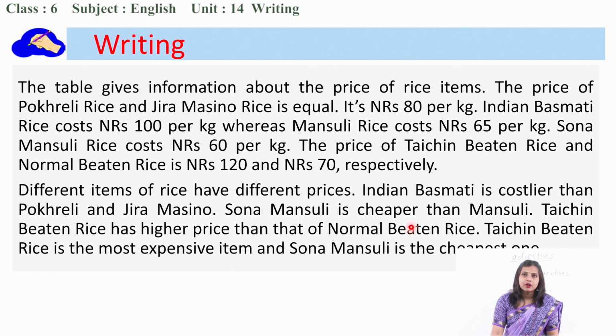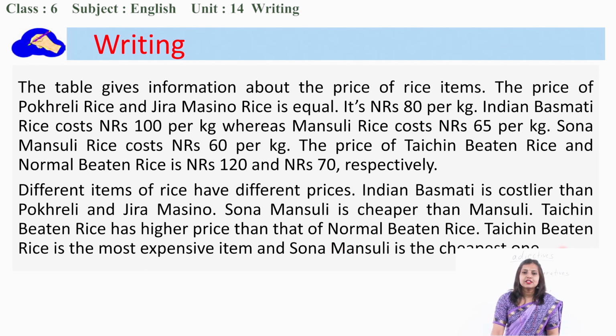Which one is cheaper? Yes, Sona Mansuli is cheaper than Mansuli rice. Taichin beaten rice has higher price than that of normal beaten rice. Now the comparison is done between Taichin beaten rice and normal beaten rice. You see, Taichin beaten rice costs 120 rupees per kg and normal beaten rice costs how much? 70 rupees per kg. So Taichin beaten rice is, yes, more expensive than normal beaten rice.